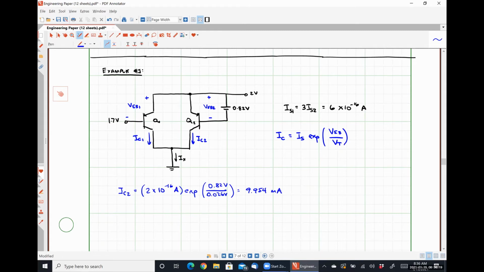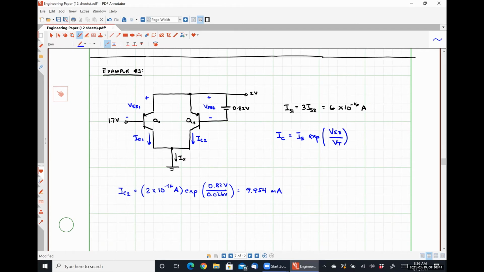That bit should be fairly straightforward. Now this next part is where your gut reaction from having dealt with NPN transistors for so long may bite you. What's VEB1? You're absolutely right.